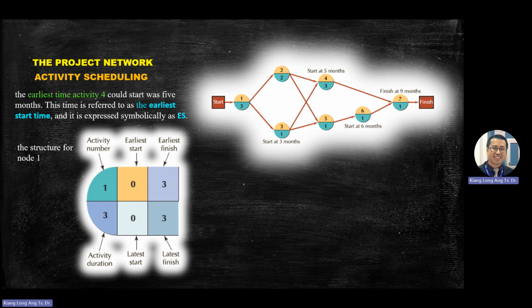So here we just use acronyms or short names. This one you know already, activity number. This is the time. So this is the ES, EF. This one below is the latest something, so latest start, latest finish. These are the new terms for this module.